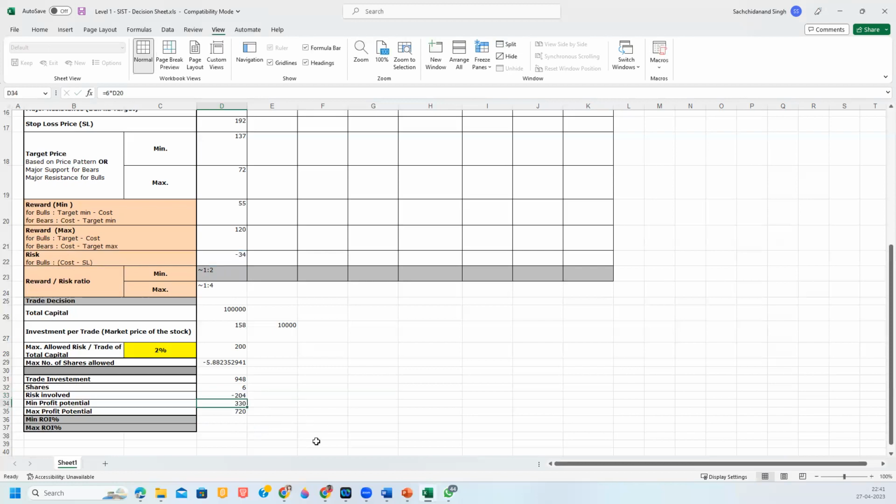This is the maximum, so 204 is the maximum risk involved. Minimum profit is 330 and maximum profit is 720. With 1,000 rupees versus 330, ROI is nearly 33%, around 30%, we can say.